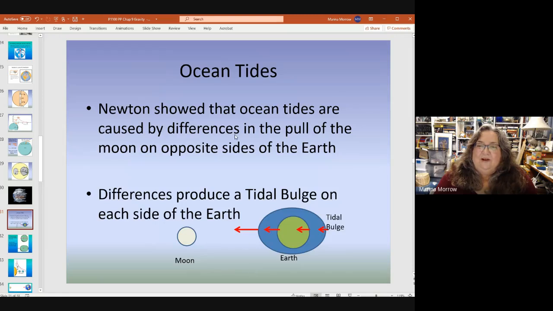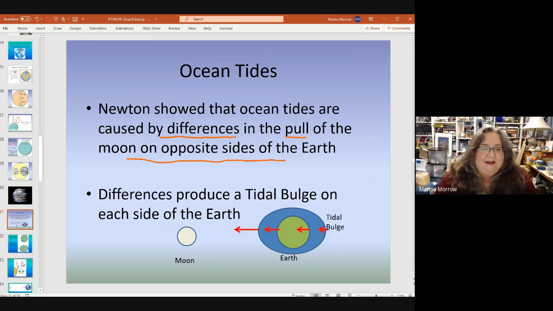There is what's called a tidal bulge. And that's because as the moon pulls on the Earth, it pulls on opposite sides of the Earth with different amounts of force. So there are differences in the pull or the forces.